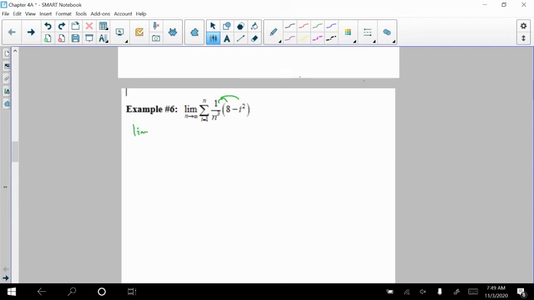So it's the limit as n goes to infinity of 1 over n cubed, summation i equals 1 to n of just 8, minus 1 over n cubed, summation i equals 1 to n of i squared.